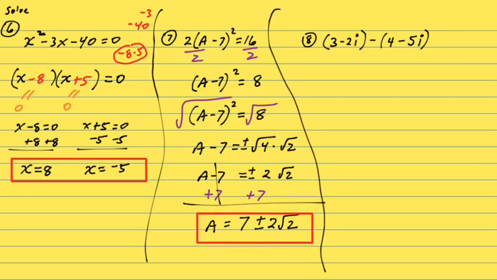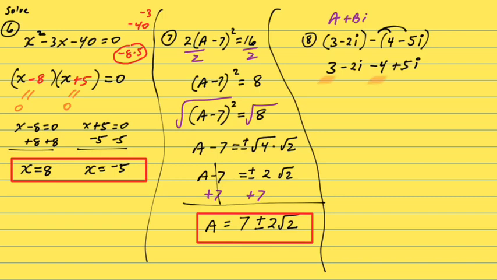Okay, continuing, these are complex numbers. Complex numbers are always in the form of a plus bi. This is just subtraction, so what I would do is just distribute this negative. So that makes a negative 4 and a positive 5i.